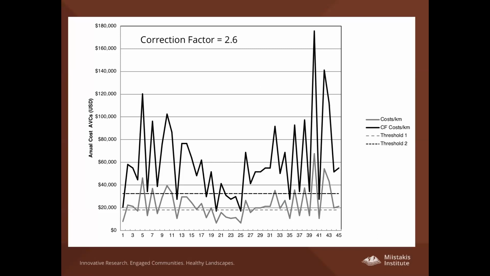And so what this did is it changed the cost-benefit analysis being undertaken for animal-vehicle collisions along the road, and it allowed us to look differently at different road segments and what their cost benefit would be to actually mitigating that highway for wildlife. And so we see this as a really valuable contribution to the field of road ecology, and something that citizen science played a really important role in.